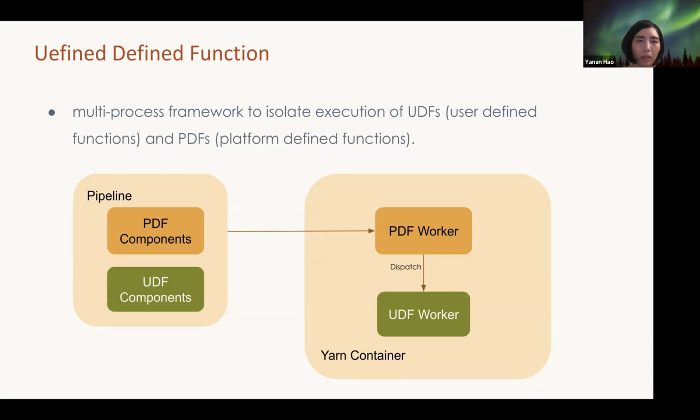So to solve this problem, we introduced a multi-process framework to isolate the execution of user-defined functions and platform-defined functions. Say we have a pipeline that is constructed from components that are purely platform-defined and components that use some user-defined code. During job launch time, the PDF components will be assigned to a PDF worker process for execution, and the UDF components will be dispatched to a UDF worker process for execution.